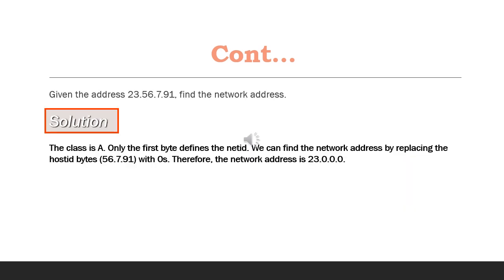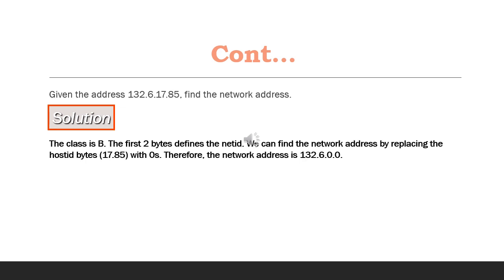If the address is 23.56.7.91, find the network address: 23.0.0.0 is the network address, since it's class A and the first 8 bits are used for the network address. Now here we have 132.6.0.0 as the network address, since it's a class B address, and in class B we have 16 bits as net ID.